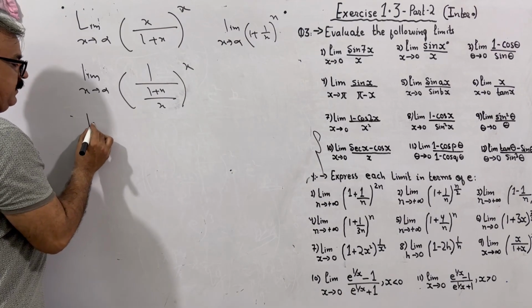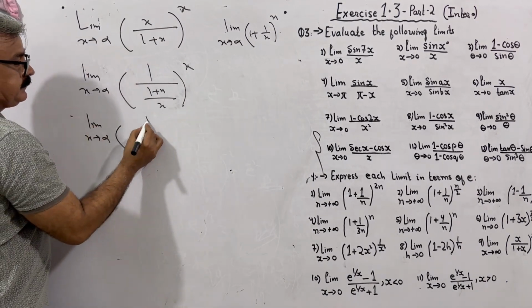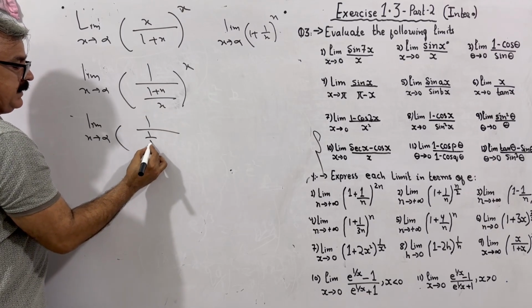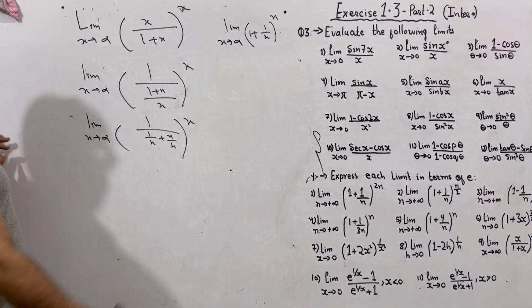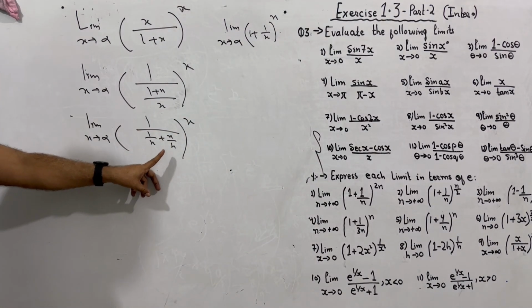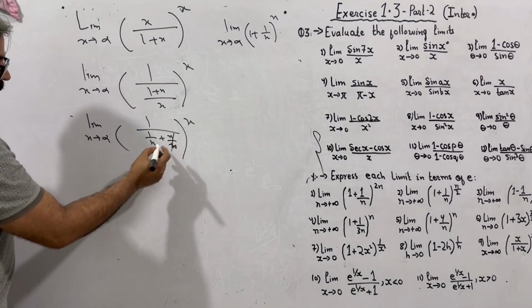Okay. Limit x tends to infinity. Now divide separately: 1 over x plus x over x, raised to x. The x over x cancels, it's 1.